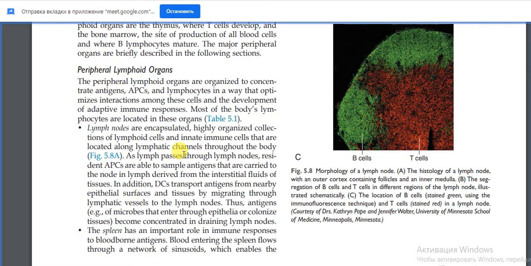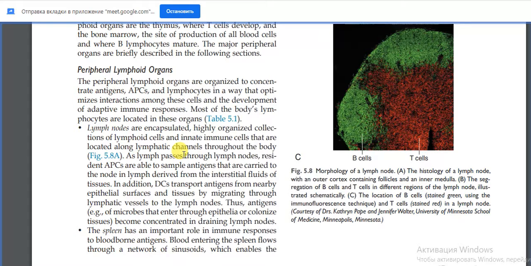Previously, when I taught students histology, they thought that lymph is necessary only for regulation of liquid flow in our tissues.